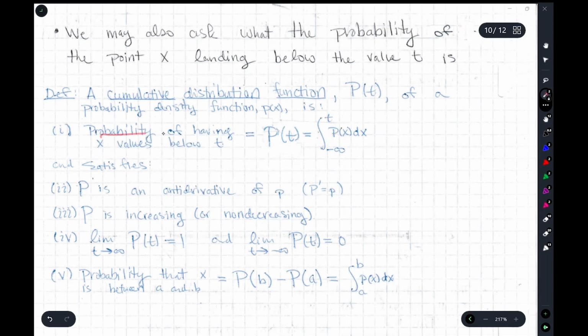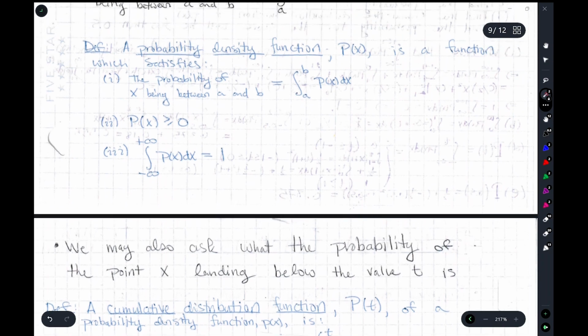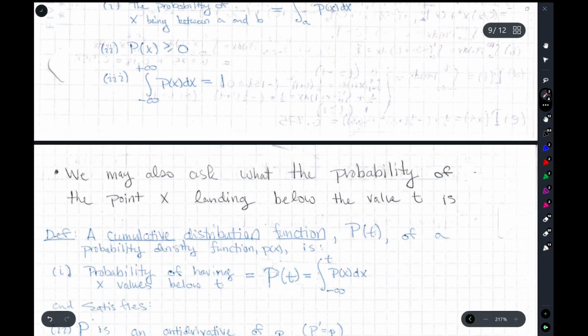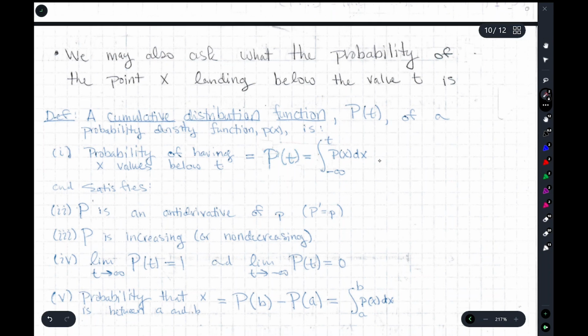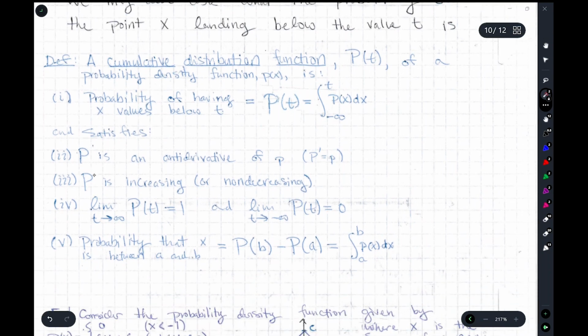And again, this is the probability of having x be below t. So all you're doing is just taking the probability density and integrating from minus infinity to that particular point t. The cumulative distribution function satisfies that capital P is the antiderivative of lowercase p. You see that with the integral.